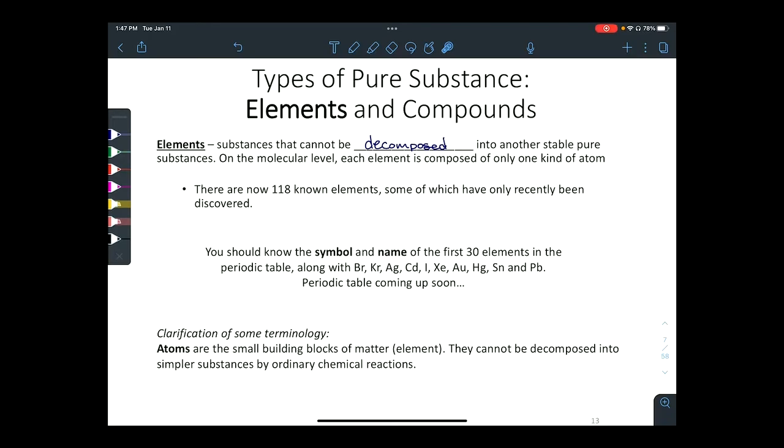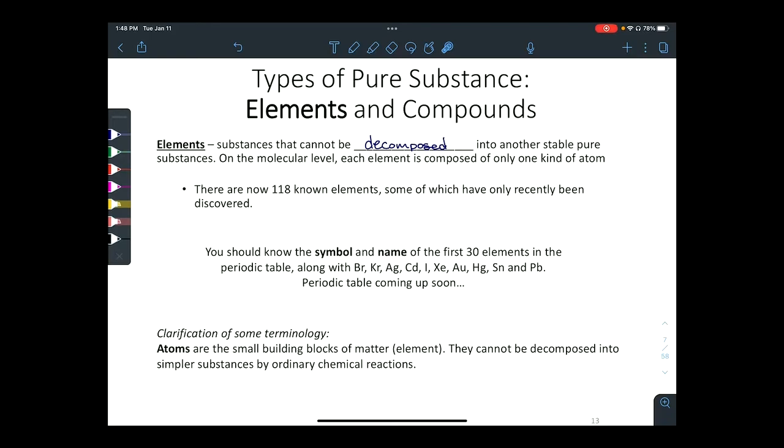What you see here are elements on the periodic table. The big reason these are elements is that you can't decompose them any further. If we go back to our block of gold example and cut the bar of gold in half, and then cut it in half again, and again, until you get to a single unit, a single atom of gold, it's still gold.